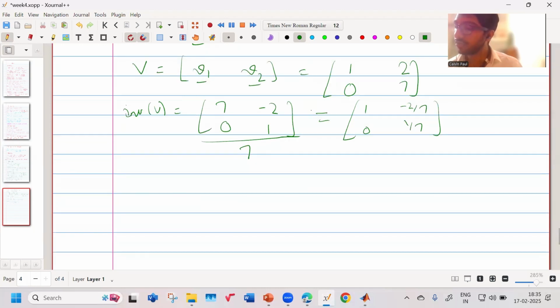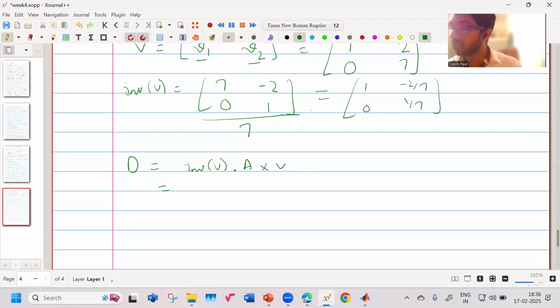So now we are converting to Jordan form. So Jordan form is the diagonal matrix is given by inverse of V into A into V, right? So that is actually what? 1 minus 2 by 7, 0, 1 by 7. A is what? 3, 2, 0, 10 into V, which is 1, 0, 2, 7, right?